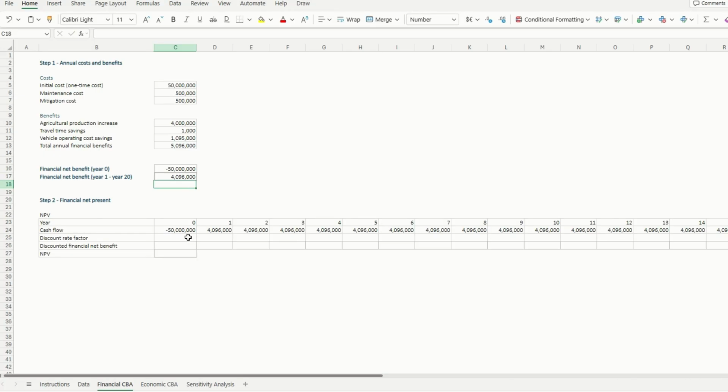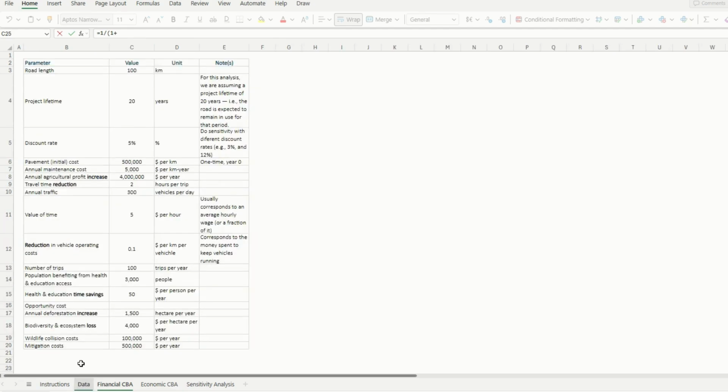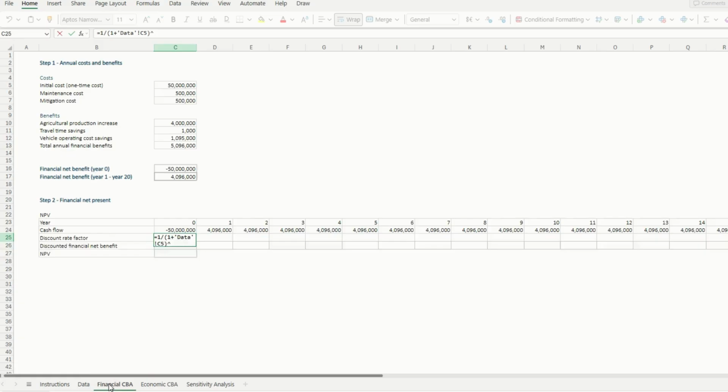Then we have to calculate the discount rate factor. At a 5% discount rate, the factor is given by, let's put the formula here, 1 plus the discount rate to the power, and then it will be the year.